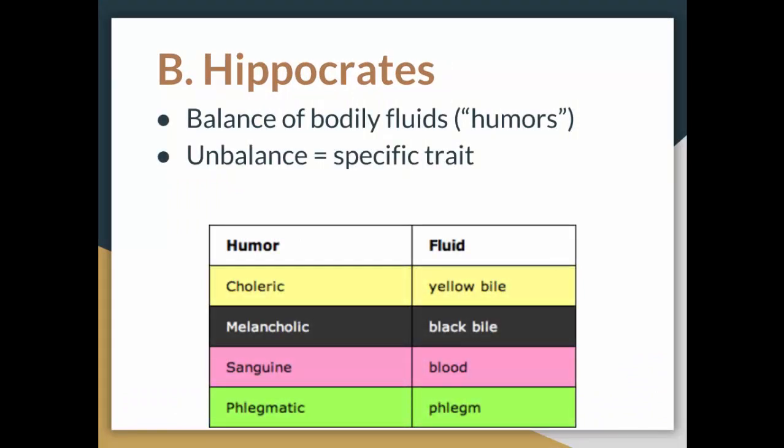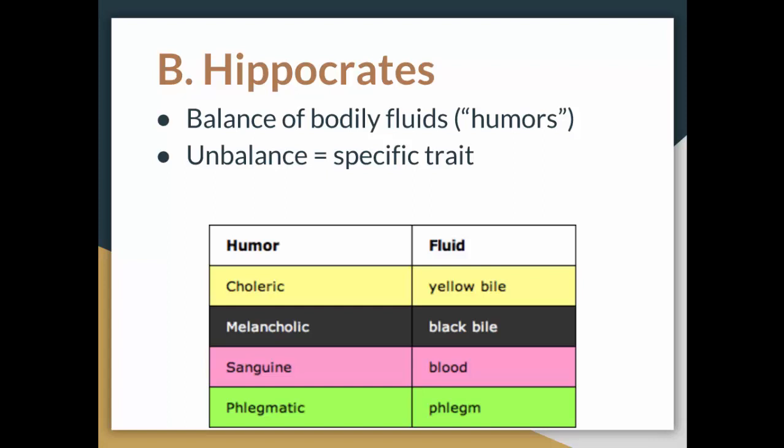So where does the trait theory begin? Well, it begins back around 300 BC with Hippocrates, who was a Greek physician, and you might recognize this name from the Hippocratic Oath, which is the oath that doctors take when they receive their medical degrees. He was more known for being a physician, but he did have his own ideas about where some of our personality traits came from.